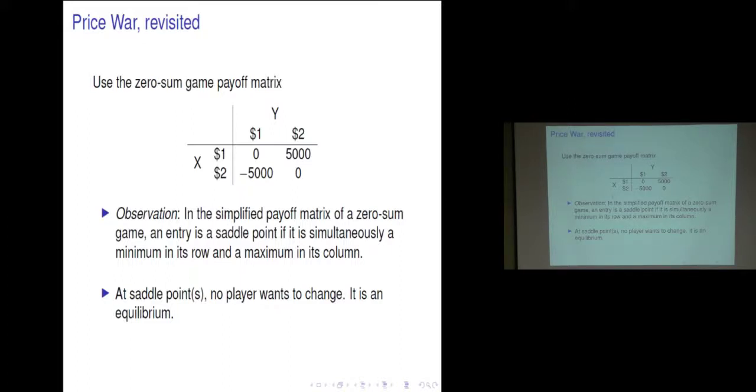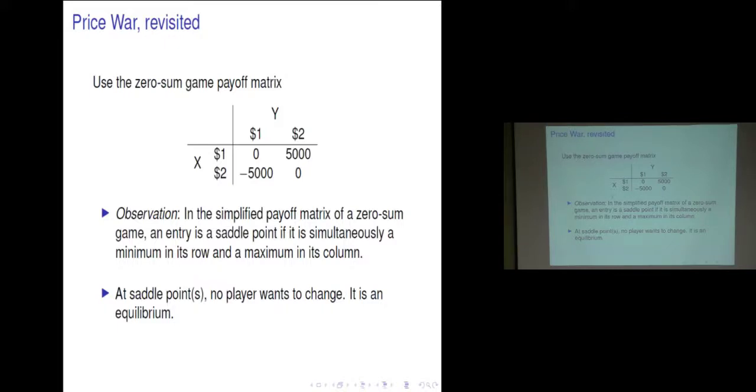Now, how about Y? Is there an incentive for Y to move? Y can switch columns, so Y's strategies are either this column or that column. Is there any incentive for Y to move from here to there?